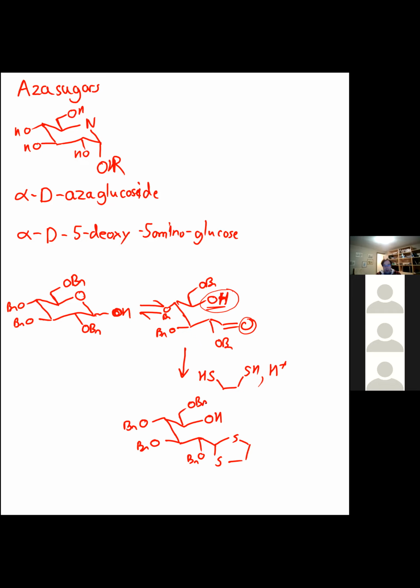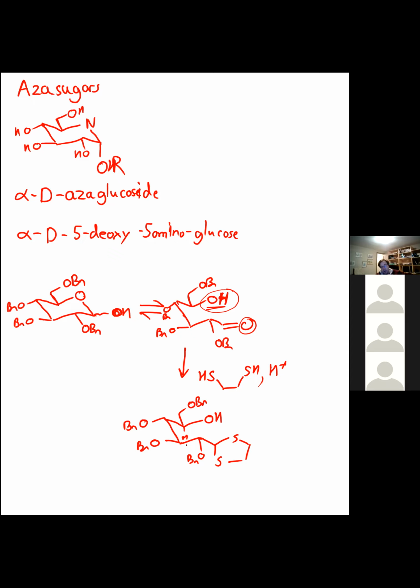Then we have some ways to turn that OH into a nitrogen. If we want to have the nitrogen of the same configuration, you're going to need to do a double inversion, because you're going to need to do one SN2, which will invert the stereochemistry of that position, and another SN2 to return it.